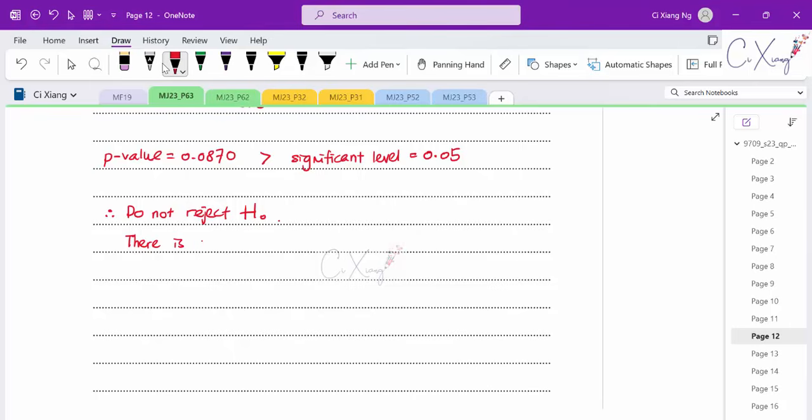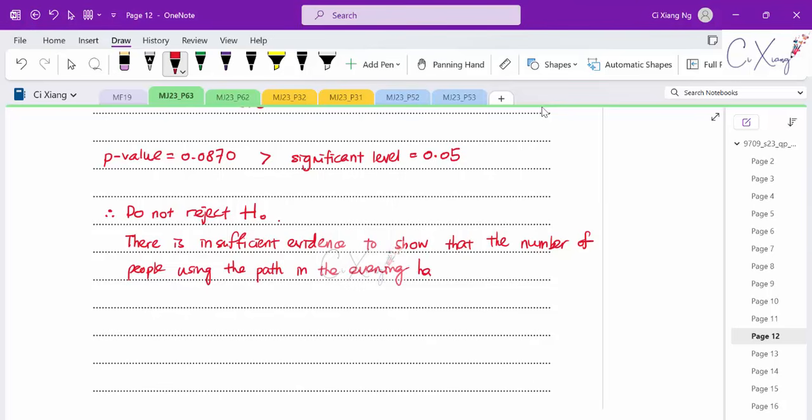There is insufficient evidence to show that the number of people using the path in the evening has increased. This is basically the whole process for carrying out the test in Poisson distribution.